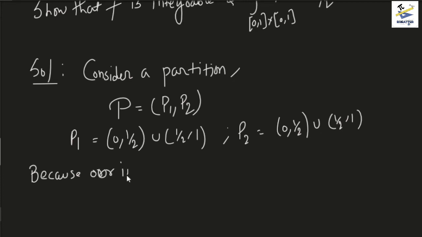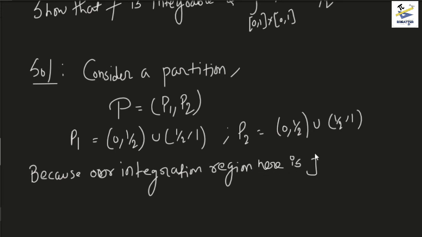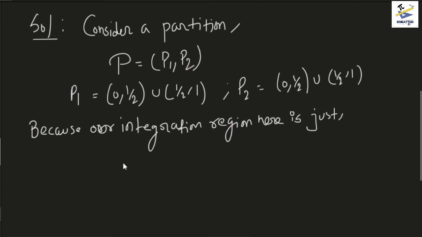Because our integration region here is just A equals [0,1] squared, which is basically a subset of R squared. So obviously that's why we need two such partitions, and using two such partitions what we can do is as follows.